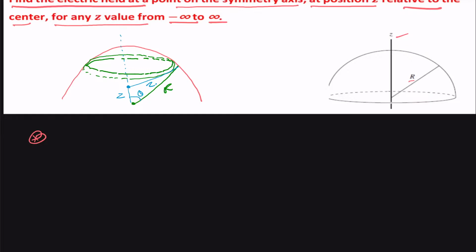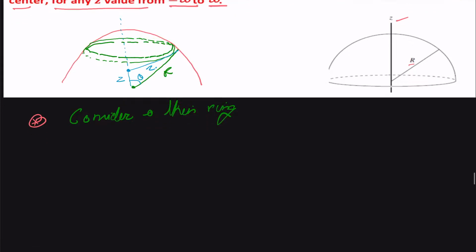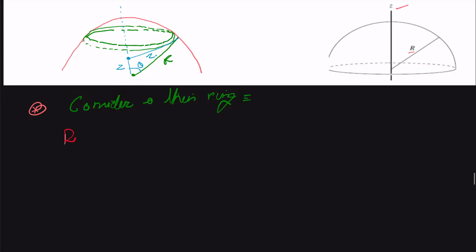So we start by considering a thin ring, and this ring has a ring width, let us suppose d theta.